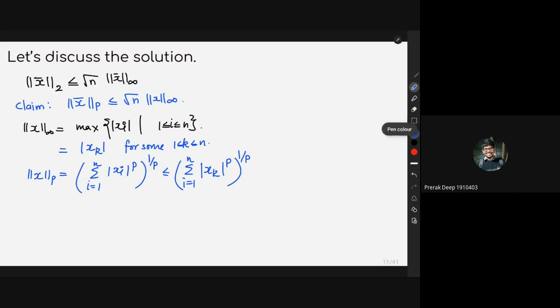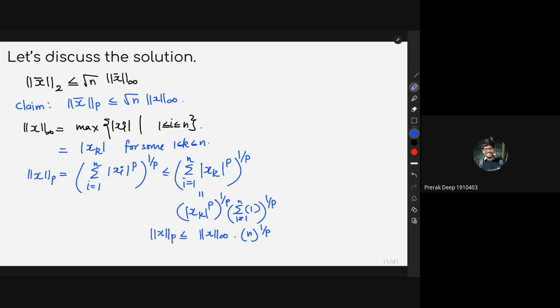So taking xk to the power p out, with the whole to the power 1 over p, and the summation of 1 from 1 to n to the power 1 over p, you get the infinity norm times the pth root of n. So this will be the bound on the p norm.